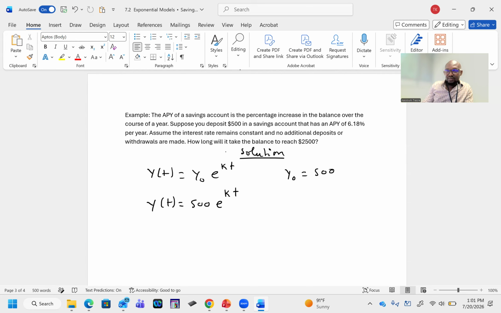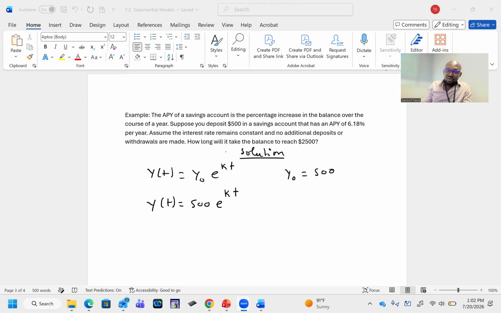But again, the APY, which is 6.18% per year. Okay, sorry. Because if you read, they said suppose you deposit 500 in a savings account that has an APY of 6.18% per year. So one year later, your y0 will grow to what?